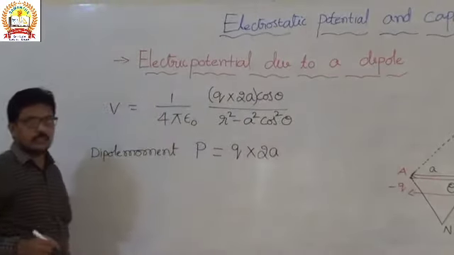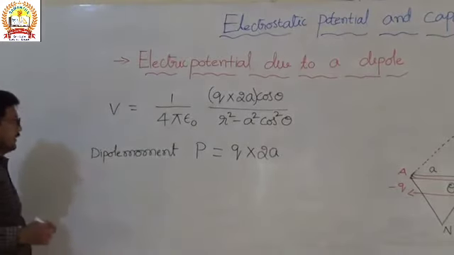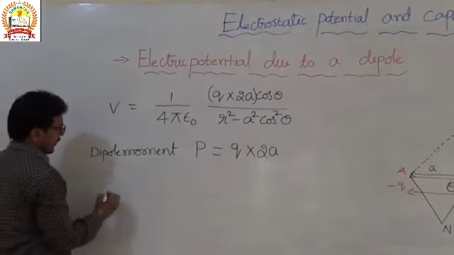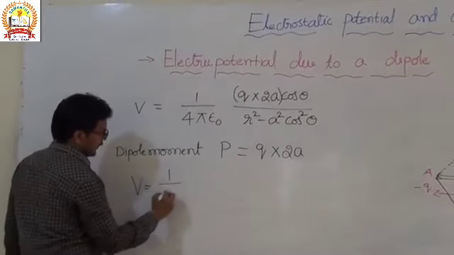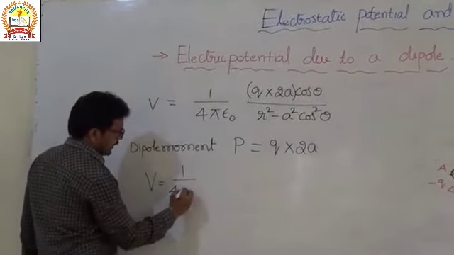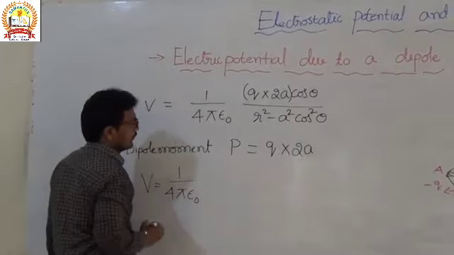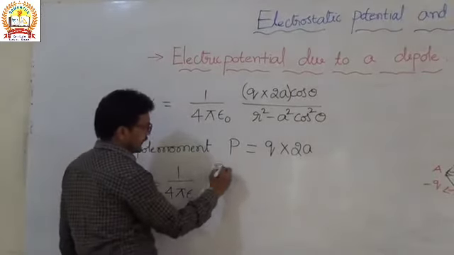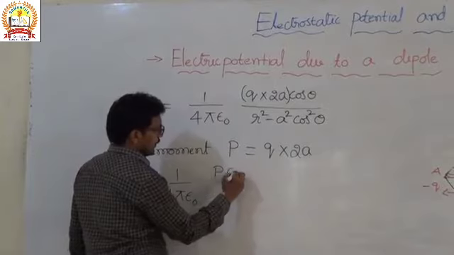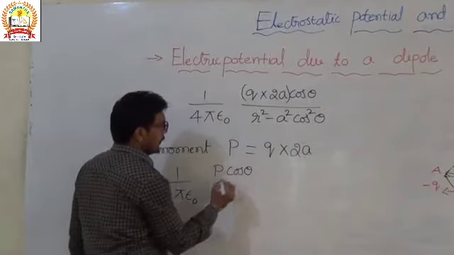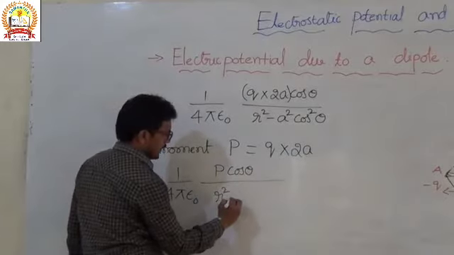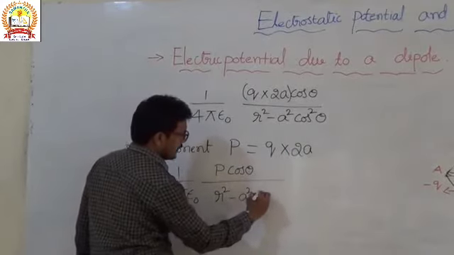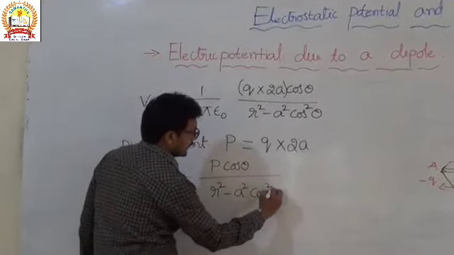Then V is equal to 1 by 4 pi epsilon naught, Q into 2A is P, so P cos theta divided by R square minus A square cos square theta.